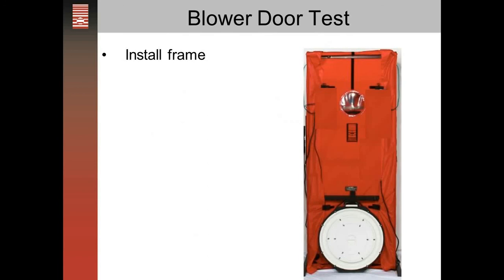So the first step, you'll install the blower door frame inside the opening, install it to size, install the panel over it, and then install the framing in there for a pressurization test.